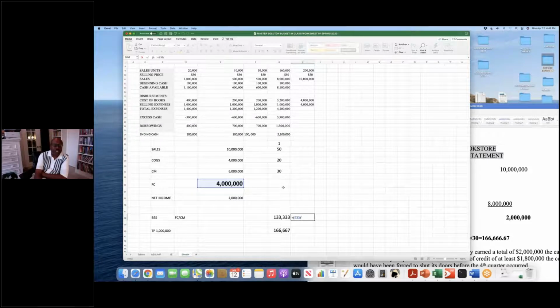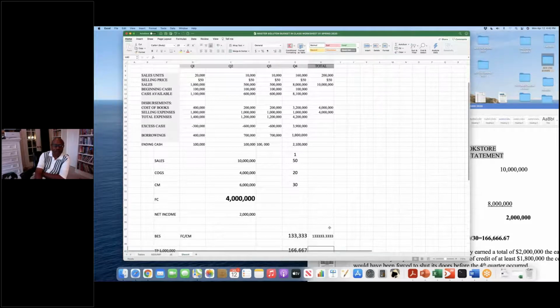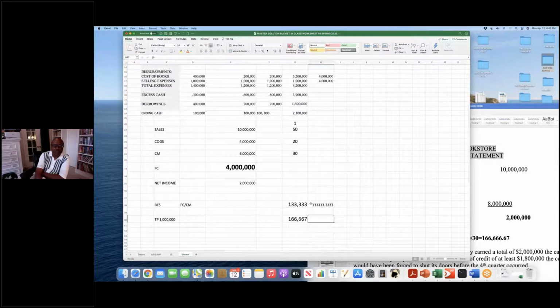Then we're going to click on the CM unit. Look at that. Does that look good? Yes.